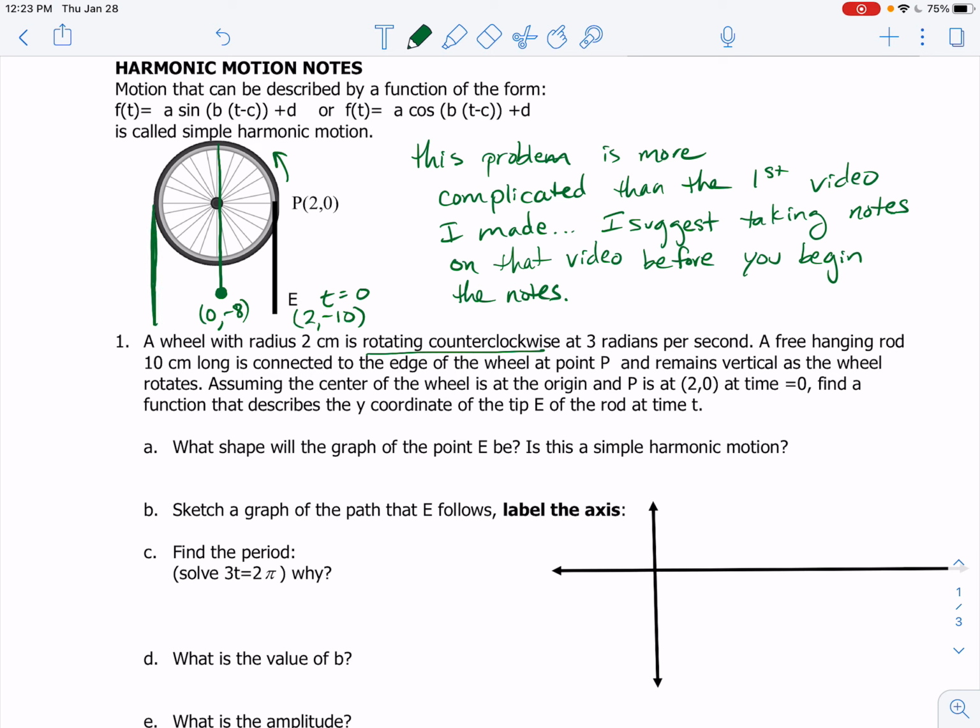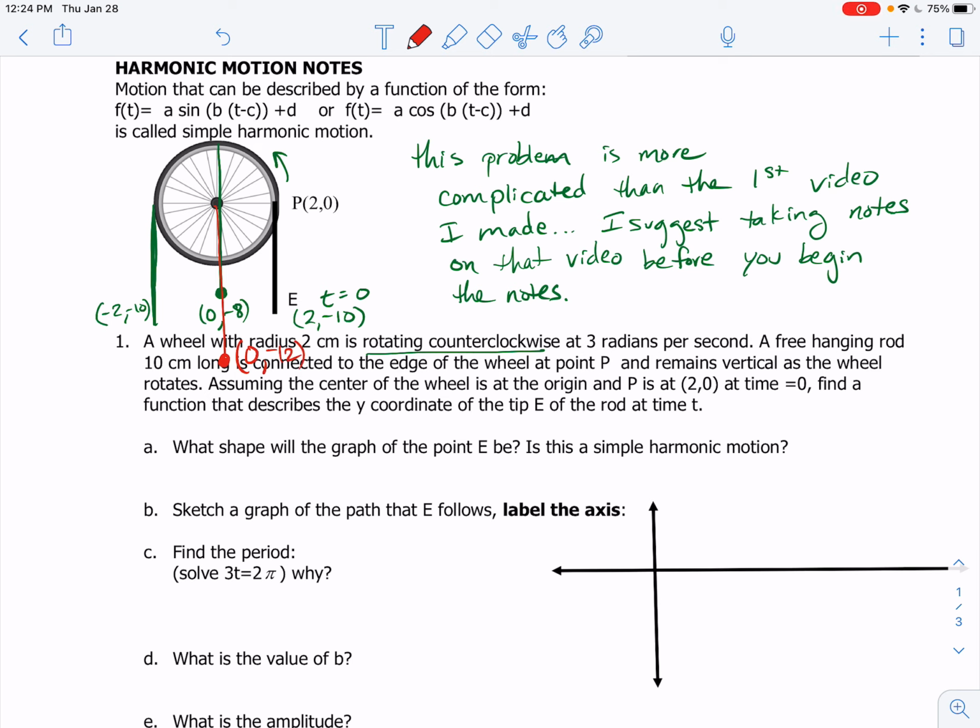We're going to talk about that in just a second. But this would be the point -2, -10. And then when it comes all the way up and around, it's going to hang down to somewhere here. Let's use another color. We'll have this hanging down, and it would be something like the point 0, -12.